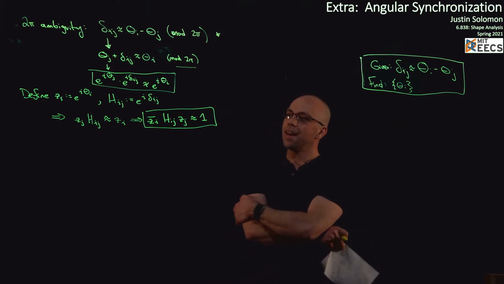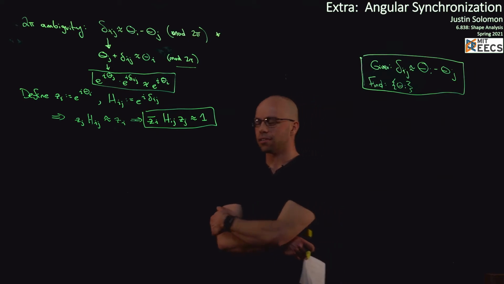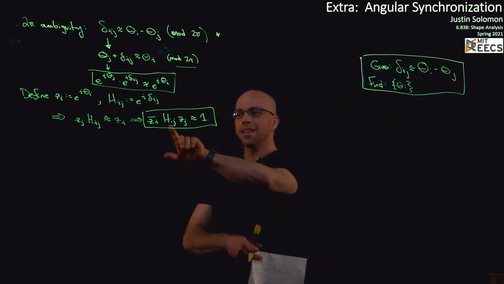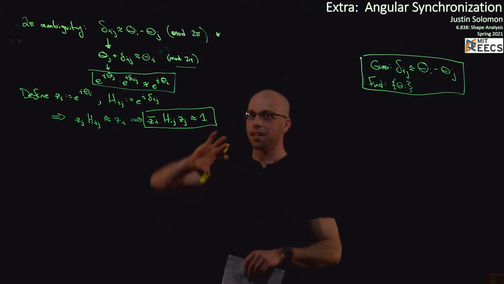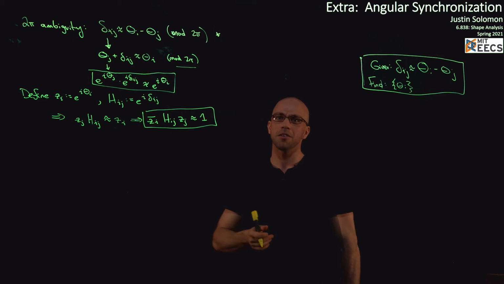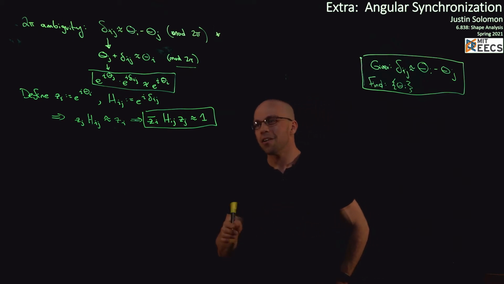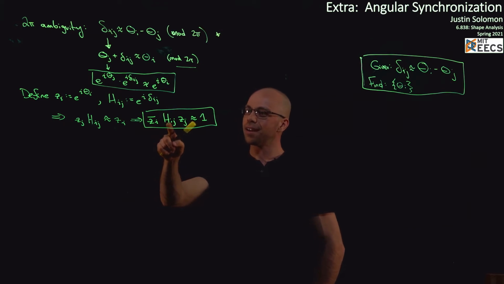So now we have this interesting incarnation of our synchronization problem, right? The h_ij's are like an inconsistent set of maps, where h_ij is basically an encoding of delta ij, like some inconsistent set of rotations. And now the idea is that if I want to cancel h_ij out, what can I do?